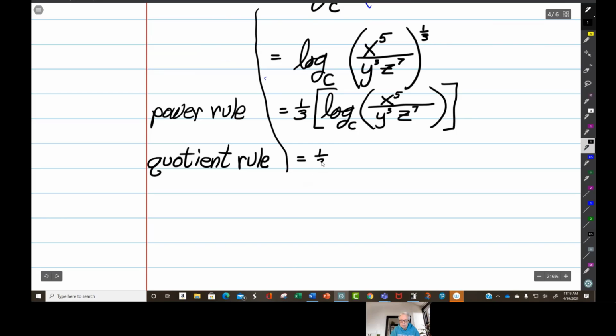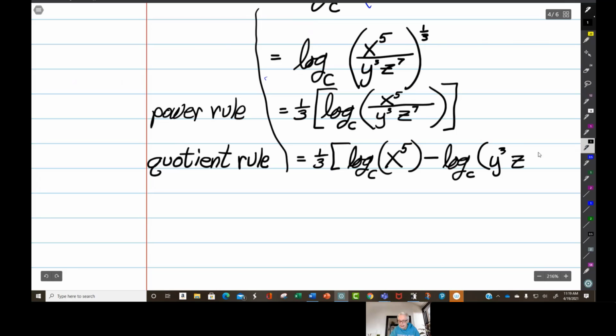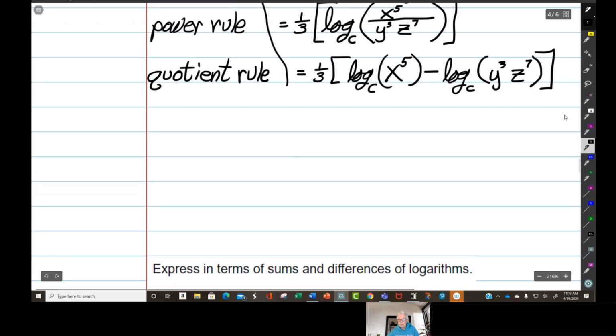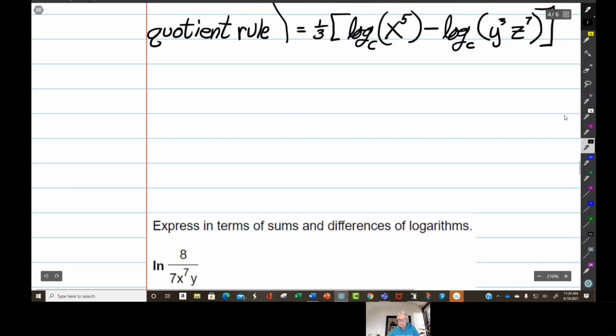Okay, 1/3 bracket log base c of x to the 5th minus log base c of y to the 3rd z to the 7th, close my brackets. That's what I've got now. Uh-oh. I don't have all that much room, do I?